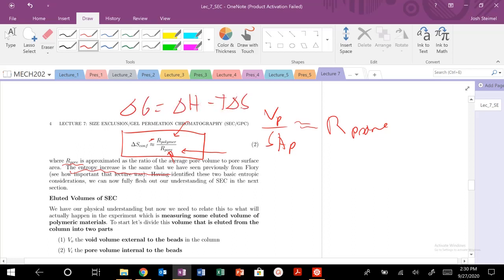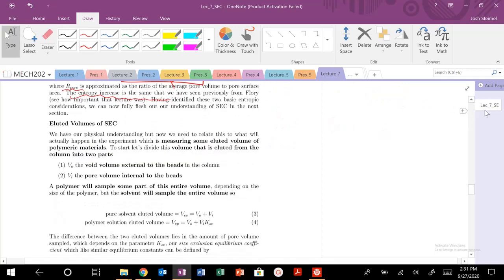As the polymer gets huge and we try to stuff it into a small pore, that is going to be very energetically unfavorable, because we are limiting the number of conformational states. We have to compress our nice flowing polymer into a dot in order to fit it inside a really small pore. Next time we're going to get into the elution volume, look at that mixing term, and then finish off this derivation.